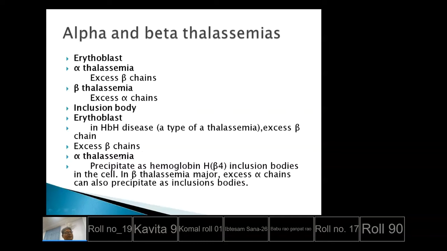If there is presence of Heinz bodies, when the cell goes into circulation in the spleen, the spleen phagocytoses the inclusion body, and the cell is deformed. That RBC is known as a bite cell. These are the Heinz bodies, mostly present in G6PD deficiency, but also present in thalassemia.